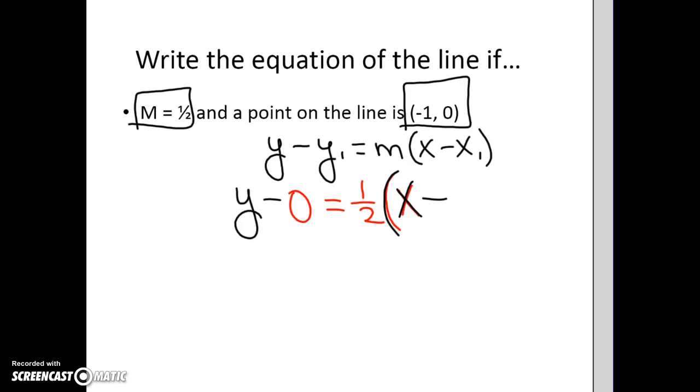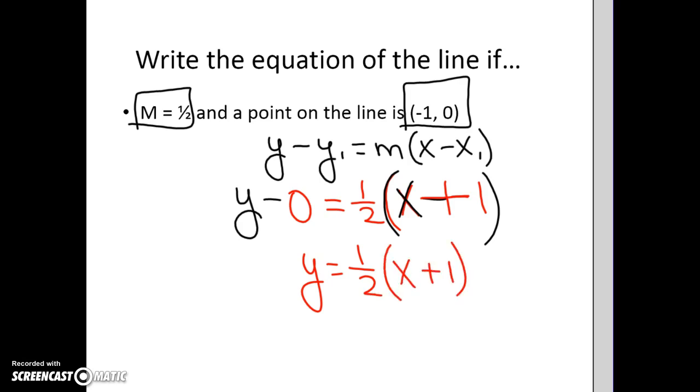So we're actually going to put minus -1, but we know that when we subtract a negative, we must change it to plus. We can simplify this slightly. Y minus 0. Y equals 1/2 times the quantity of x plus 1.